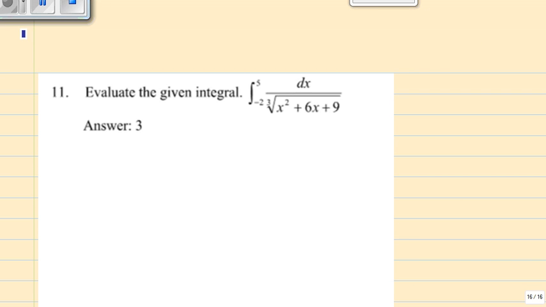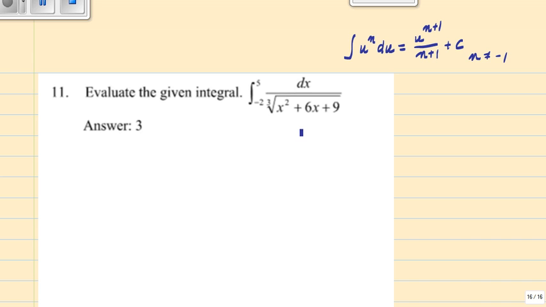Number 11, it's a definite integral, and again we're looking here and we definitely cannot use our formula, the integral of u to the n du is equal to u to the power of n plus 1 divided by n plus 1 plus c, n not equal to minus 1.